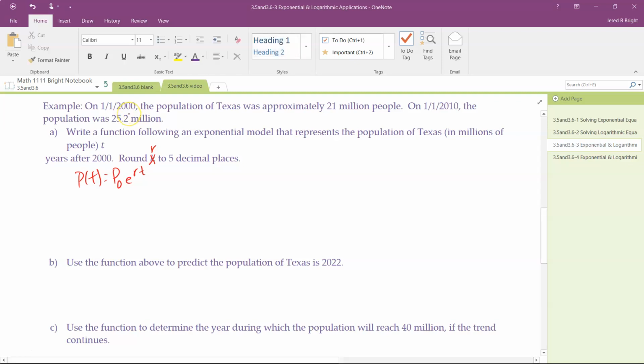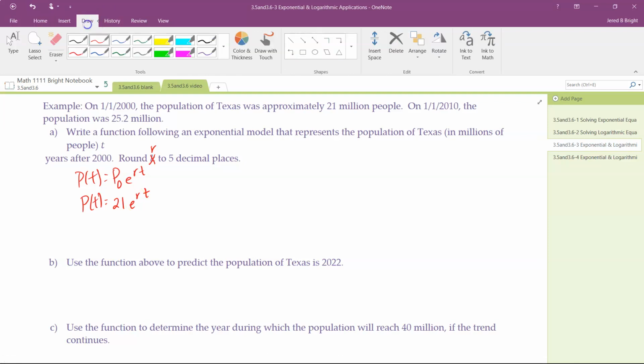Since our model begins at year 2000, and it's defining t as years after 2000, that means P naught is 21. Now my function needs to have t left in it, so I need to figure out what r is. How do I do that? That's where the other information comes into play.